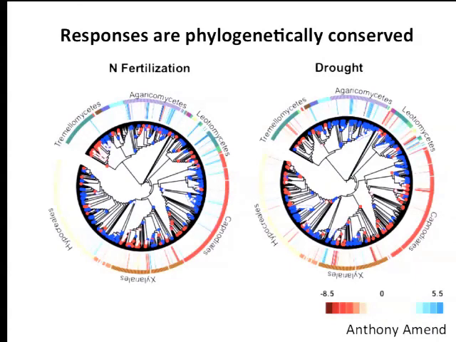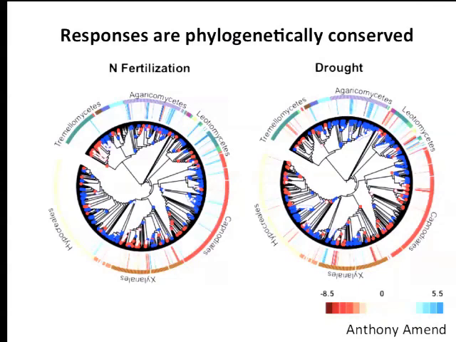And if it responded by decreasing in abundance, it's coded red. And so you see that there's clustering of the red and blue, right? So there are certain clades that respond positively and certain clades that respond negatively. And again, it seems to be around the same degree of phylogenetic conservation for nitrogen and drought responses.